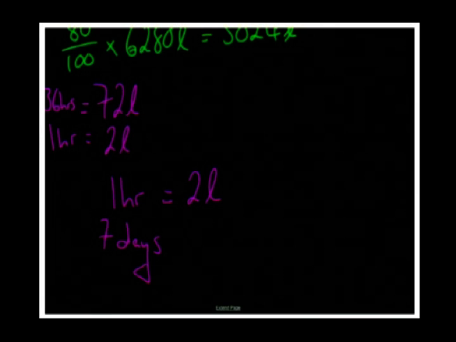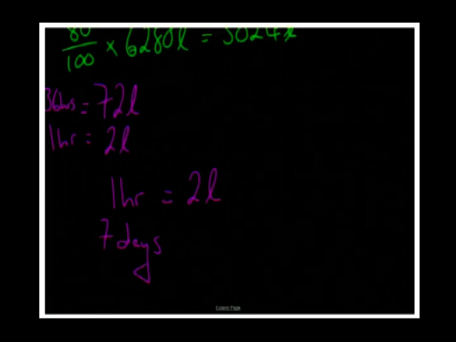My problem is my units. I'm dealing with hours and now suddenly I'm dealing with days. Can't do that, guys. That's a big no-no. Early on we had a problem where we had centimeters and meters and millimeters, and we said no, that's no good, change everything to the same unit.